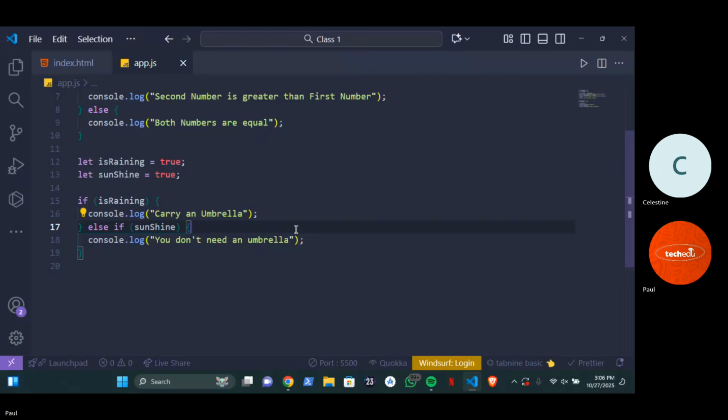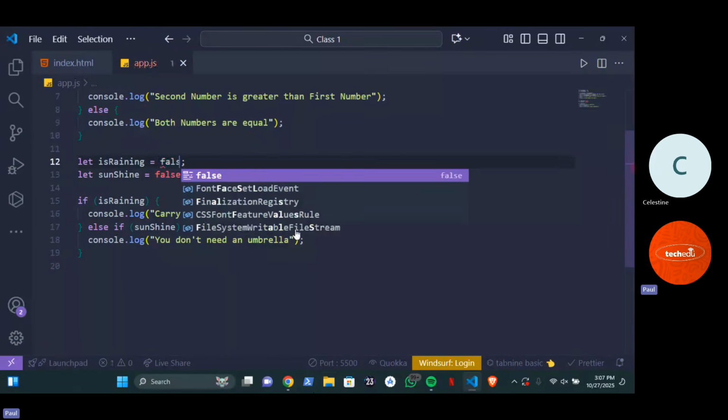That is why you need to understand how ordering works in JavaScript. Do you have a question? As long as both of them are false, nothing will get printed. Let's try it. If you have false and you also have false, what will happen?